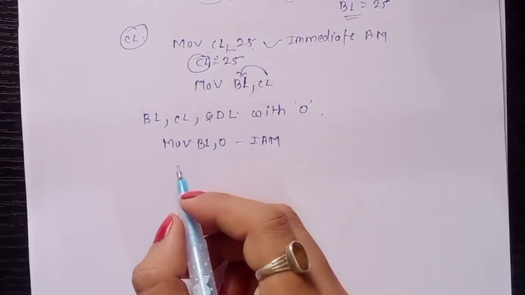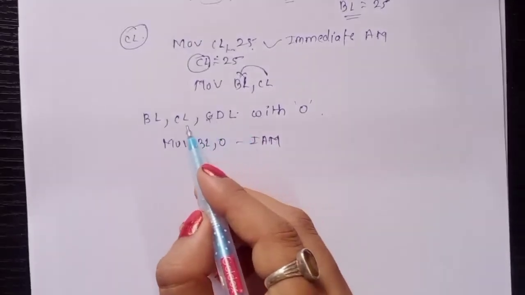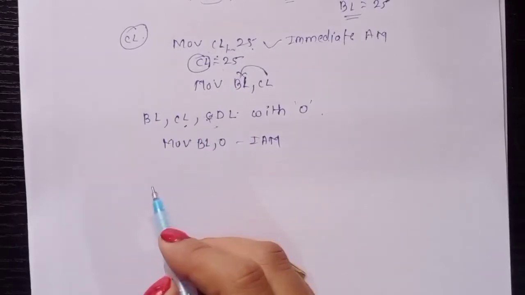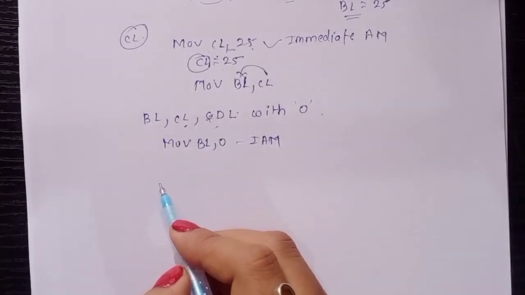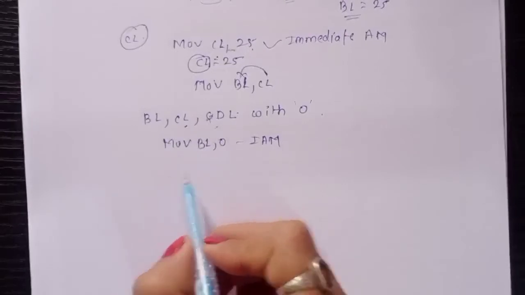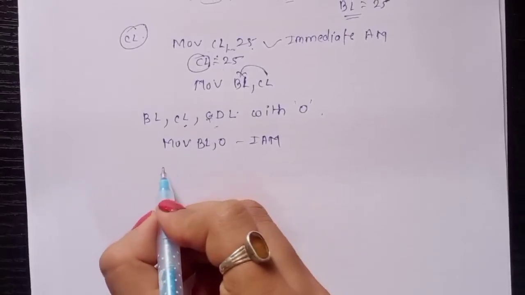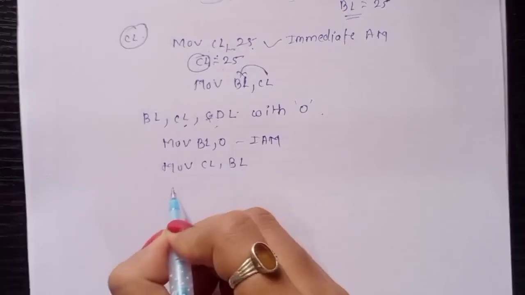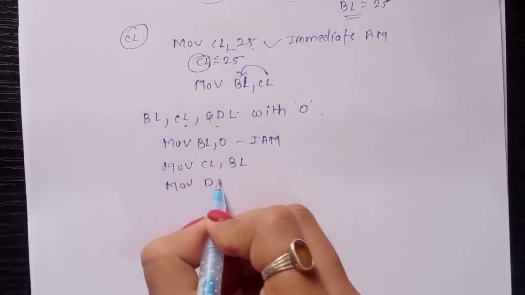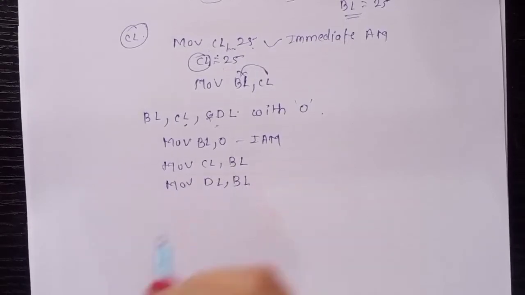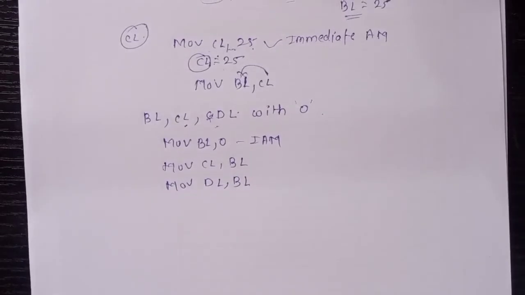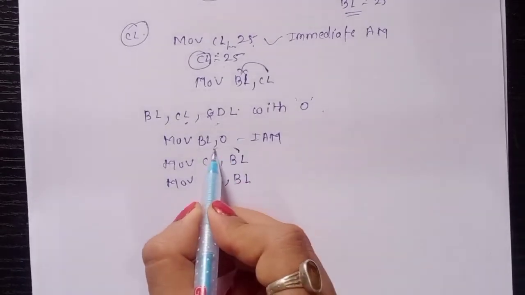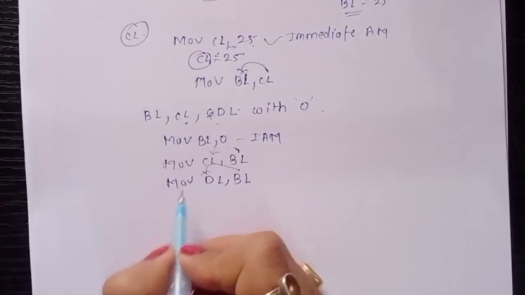Now instead of again initializing CL with 0 and DL with 0, I will just take the value in CL and DL from BL. How? MOV CL, BL, MOV DL, BL. That means moving contents from BL to CL and from BL to DL.